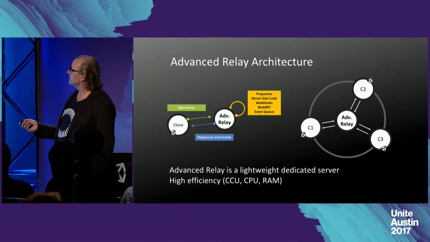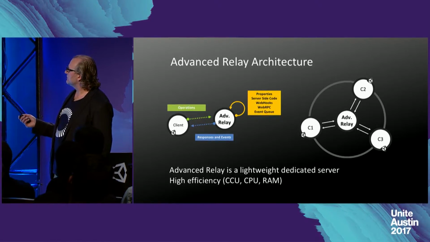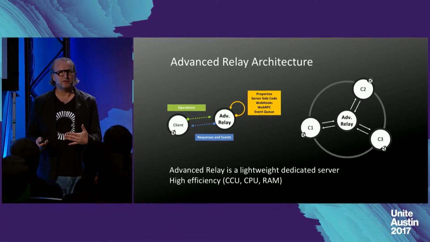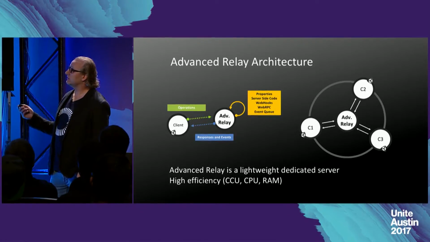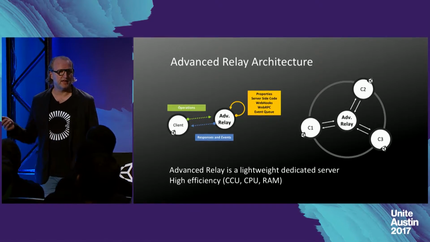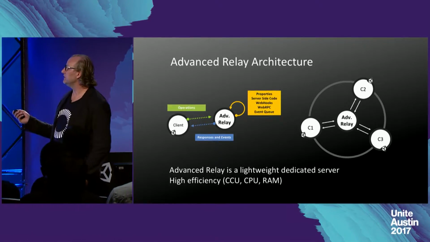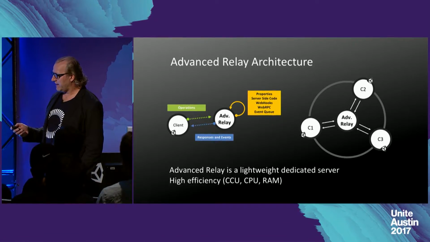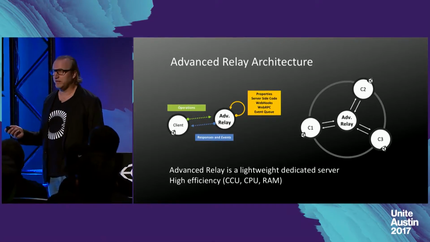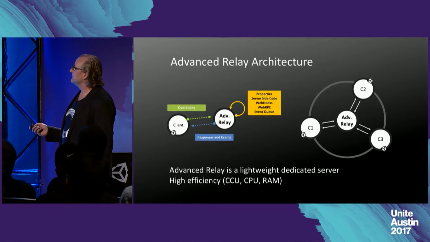Of course, you can pick either architecture, client-hosted or relay. But here is, for example, one advantage. If one of the clients is dying, it doesn't really matter because the relay is still there. And the relay room actually acts as a state bag, so you can save the state there.